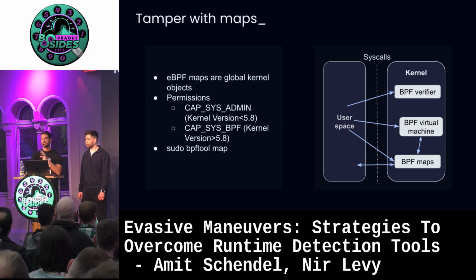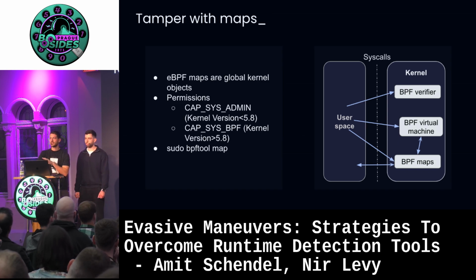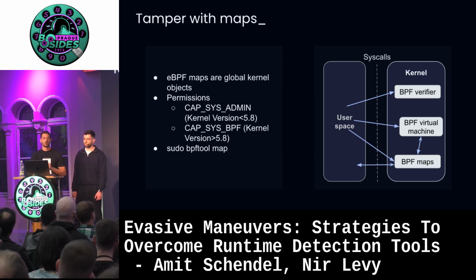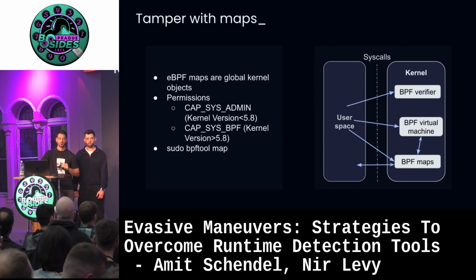This is done in different ways, but most of them rely on maps. So it means that if we can tamper with those maps, we can do some interesting things. In this technique, we're going to show how, by tampering with the maps, we completely disable most of the famous runtime detection tools.